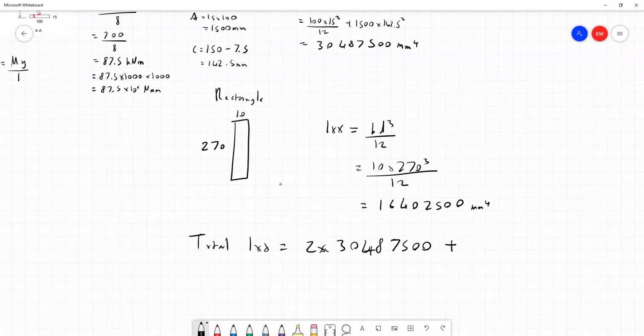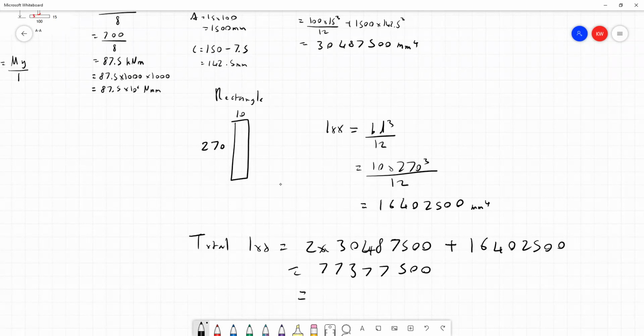And to that we add the value for area 2, which we've just worked out. And this gives us a value of 77,377,500.